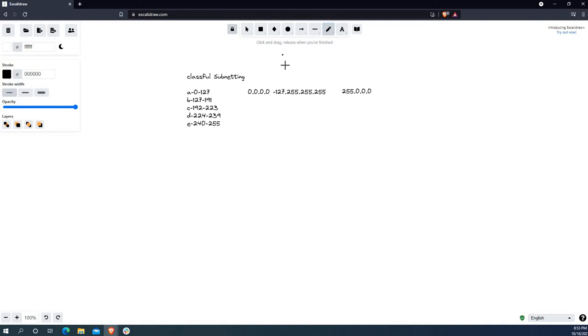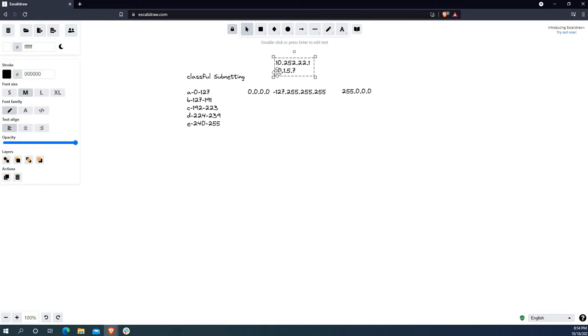So if you have an IP address of 10.25.252.1 and you have another IP address of 10.251.5.7, they will be on the same network because the first octet of their IP address is the same.